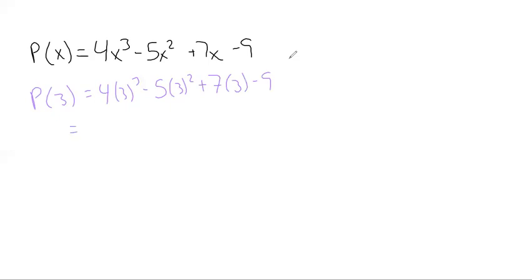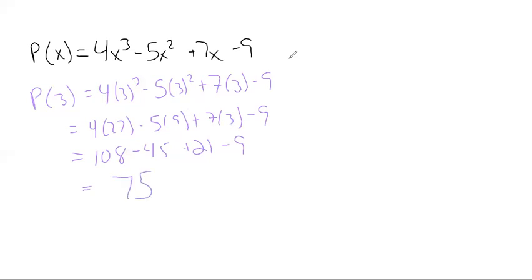That gives me 4 times 27 minus 5 times 9 plus 7 times 3 minus 9, which is 108 minus 45 plus 21 minus 9. If I put all those together, I get 75.